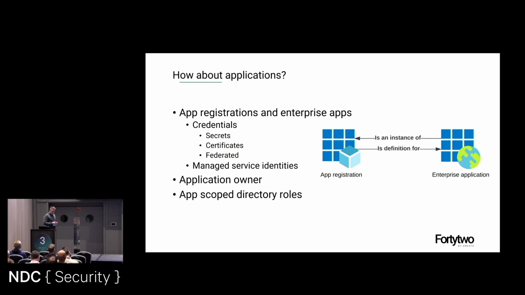So to handle these app registrations, you have the different roles, of course. You have a global admin, which can do anything. You have application admin that can do anything with apps. And you have an application owner. On both the enterprise app and the app registration, you can be an owner.